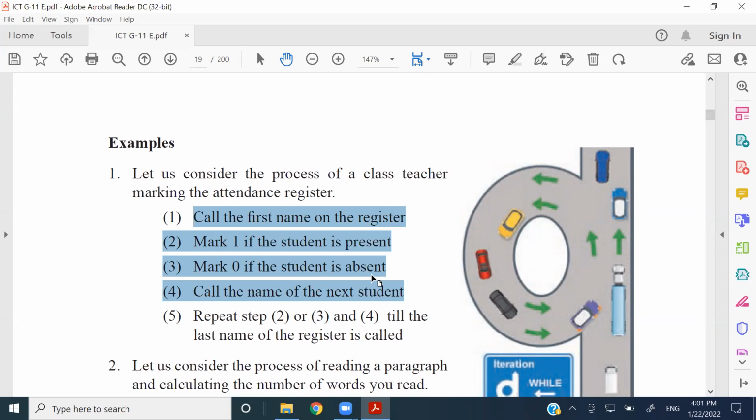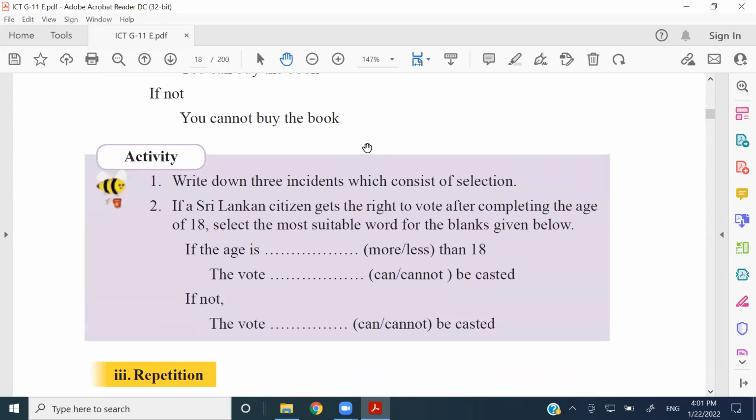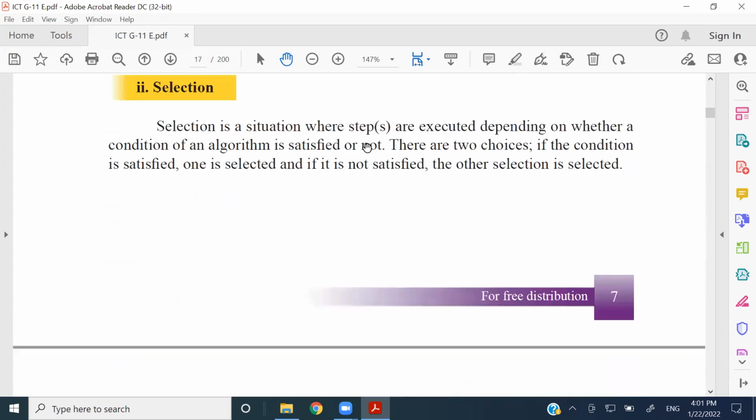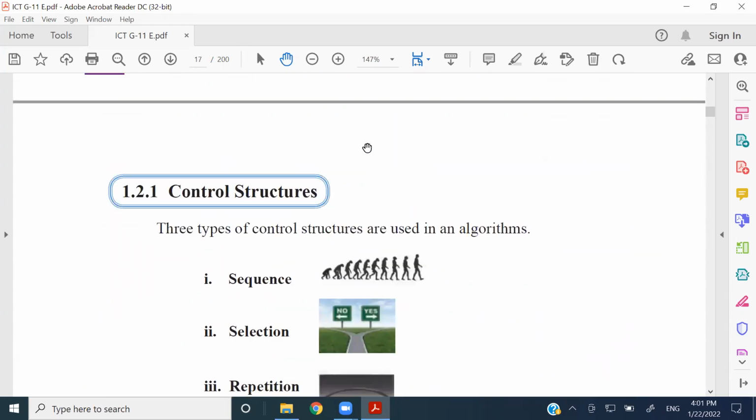So we always check the condition whether the total count of the students is equal to 40. Right? If it is equal to 40, then we are going to stop. If it is not equal to 40, then we are going to repeat the thing again and again. Right? So likewise, inside an algorithm, you will find these three types. Definitely you will find sequence.